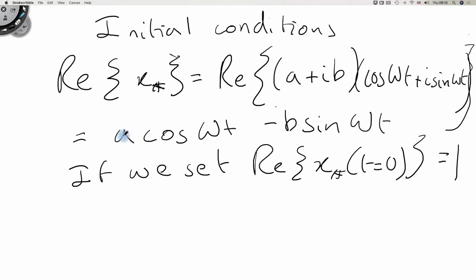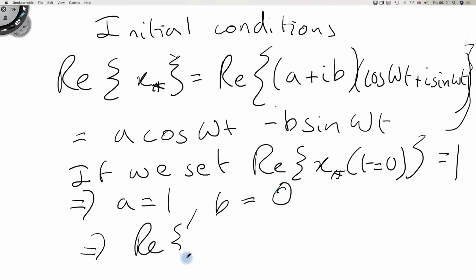That means that a has to be 1, the solution projects totally onto the cosine solution, and b has to be 0. A equals 1 and b equals 0, which implies the real part of x star is cos omega t. Okay, so depending on the initial conditions, you project differently onto the cosine and sine solution.